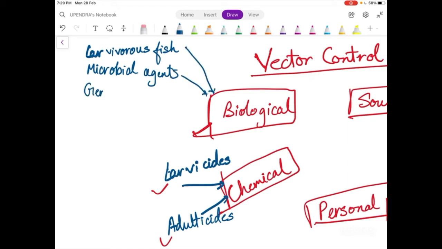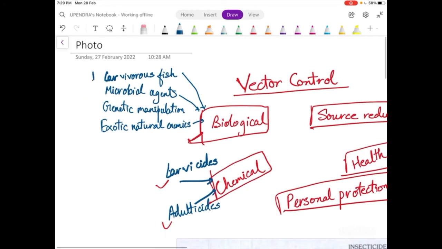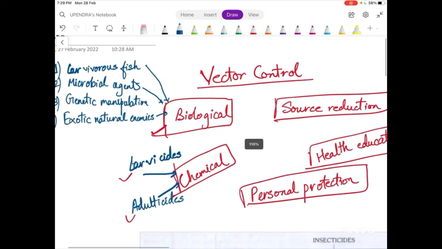We can do genetic manipulation. And we can produce exotic natural enemies of the vector. By these four methods we can use the biological method of vector control.